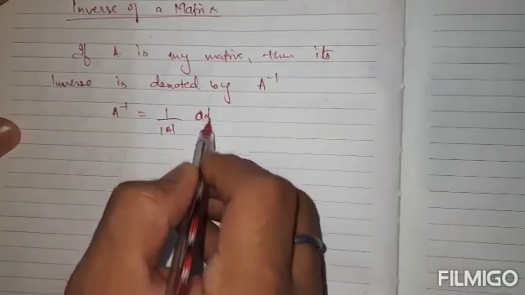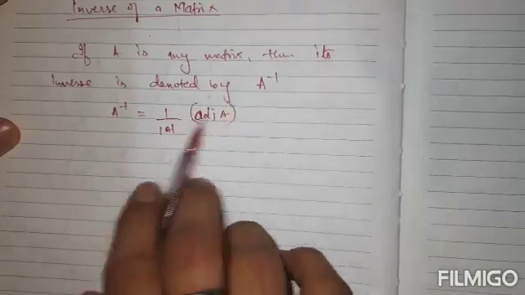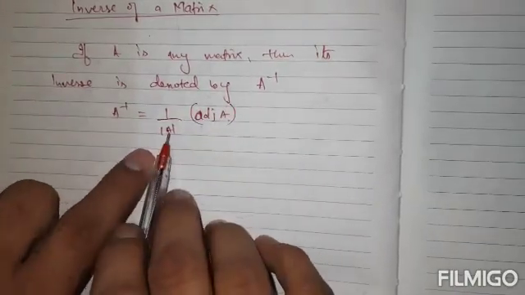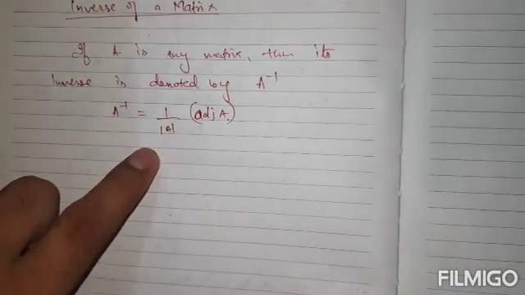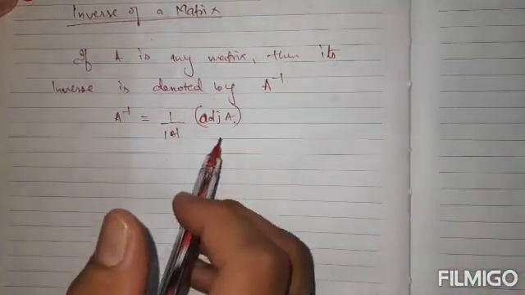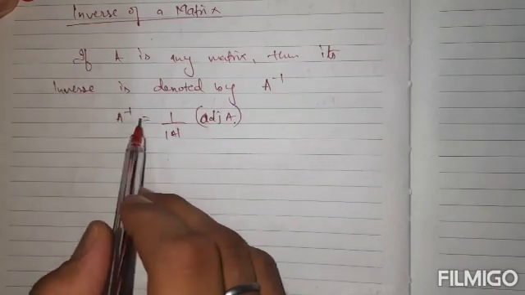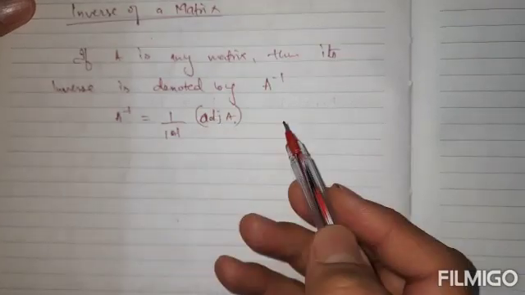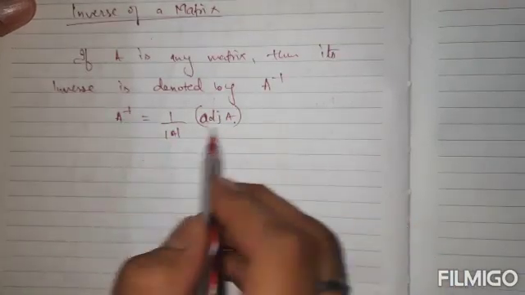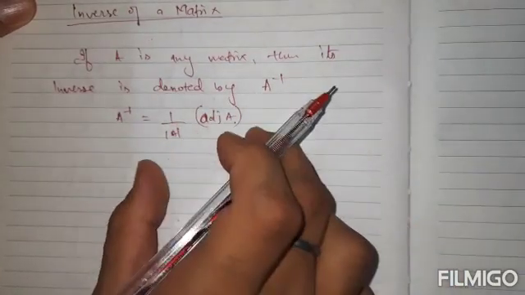See, this adjoint of A is a matrix. This mod A is, you know, a real number. Then A inverse is found by this formula. Here it is clear, students, that A inverse is equal to 1 upon mod A into adjoint of A. This adjoint of A is a matrix only. So A inverse is also a matrix which is given by this formula.